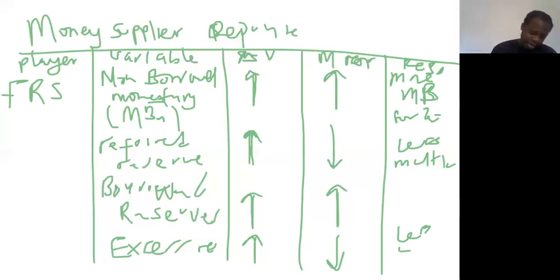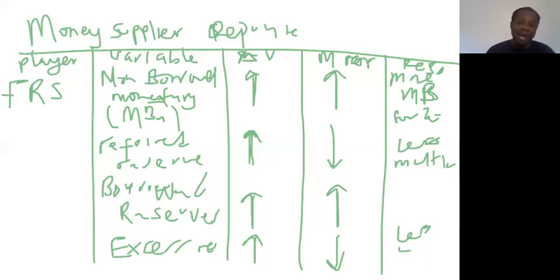Now the last one that we would look at is the currency holdings. What happens if the currency holdings go up? Let's look at the mathematics too. When currency holdings go up, instead of you keeping your money with a bank, and it is only when you keep your money with a bank that they are able to give it out as loans and create more money, you decide to keep more of your money with you.